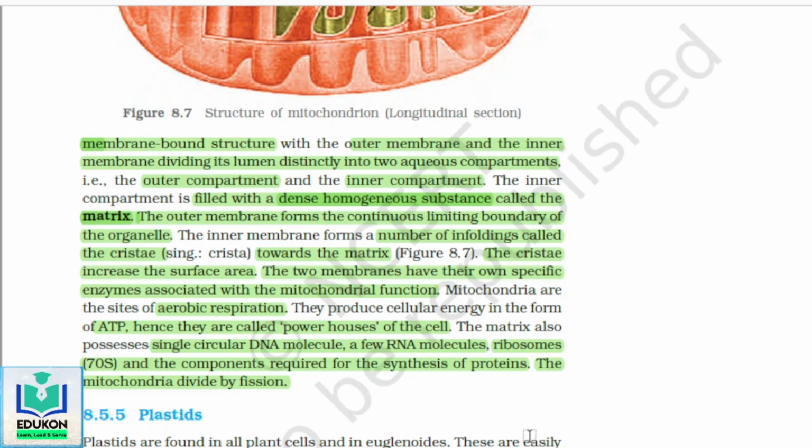So the answer should be all of the above. Don't confuse, we need to remember all this. And mitochondria divide by fission, this also you need to remember. And with this we conclude mitochondria, and we'll be having a separate video for plastids.